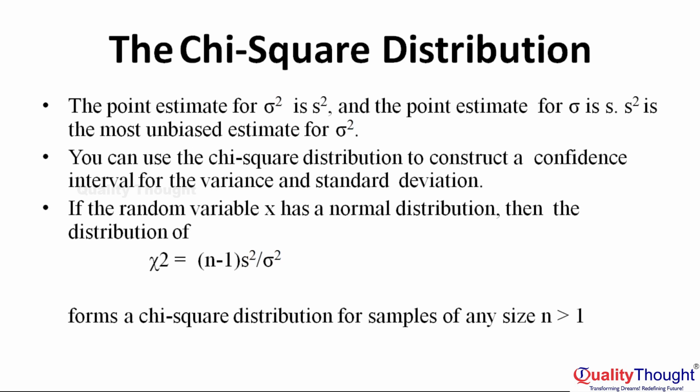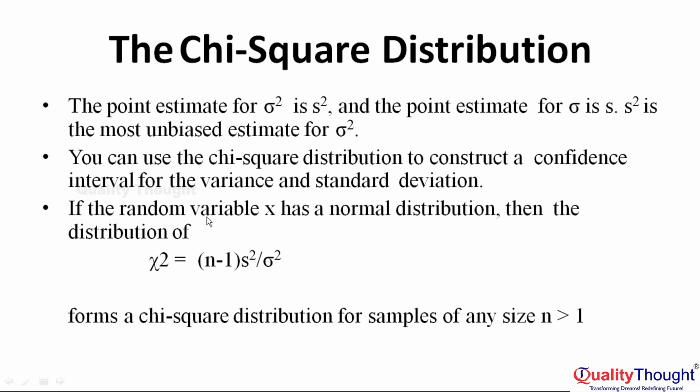Okay, the most unbiased. You can use the chi-square distribution to construct the confidence interval. Here the chi-square is represented in terms of chi. Actually, this is called chi-square. You should not call it lambda, although sometimes they will represent it as a lambda.